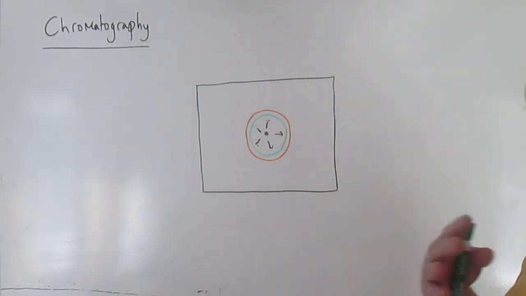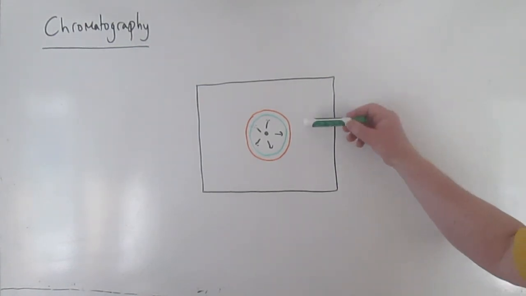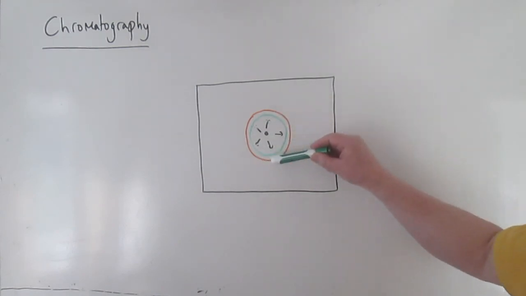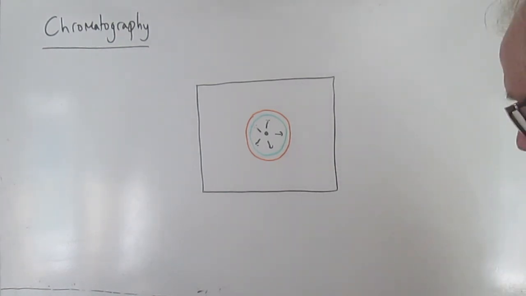And in reality, it's kind of a balance of those two things. But for A-level purposes, we focus on the adsorption generally. That's accepted as the sort of straightforward way to explain these things. So what we would tend to go with is to say that the green substance migrates more slowly because it's adsorbed more strongly to the stationary phase than the brown one is.